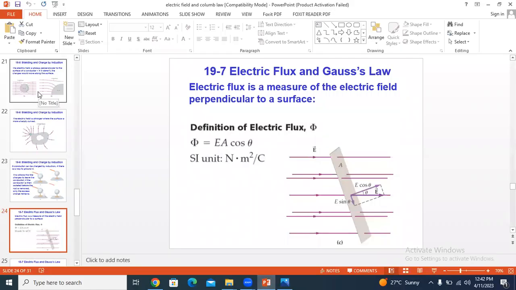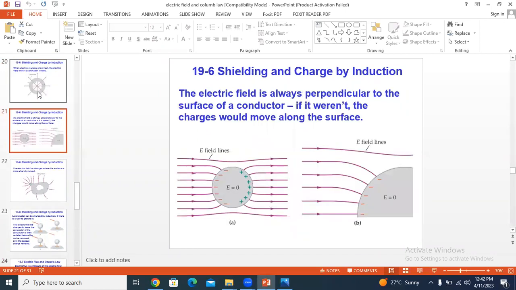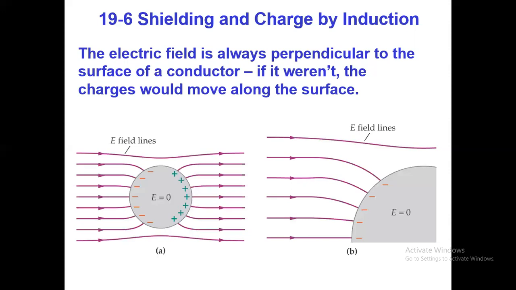In the previous session, we discussed the concept of electric lines of force, or electric field, and the flow of the electric field, with shielding and charging of a conductor. The electric lines of force and the region they create around that particular conductor look like figure A and figure B. So this was our last lecture on shielding and charging by induction.